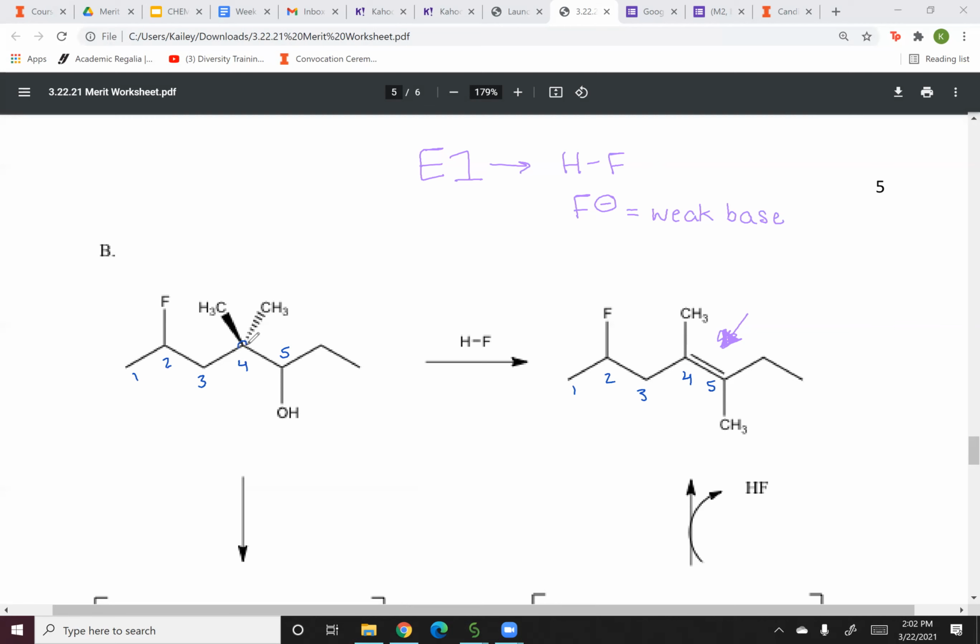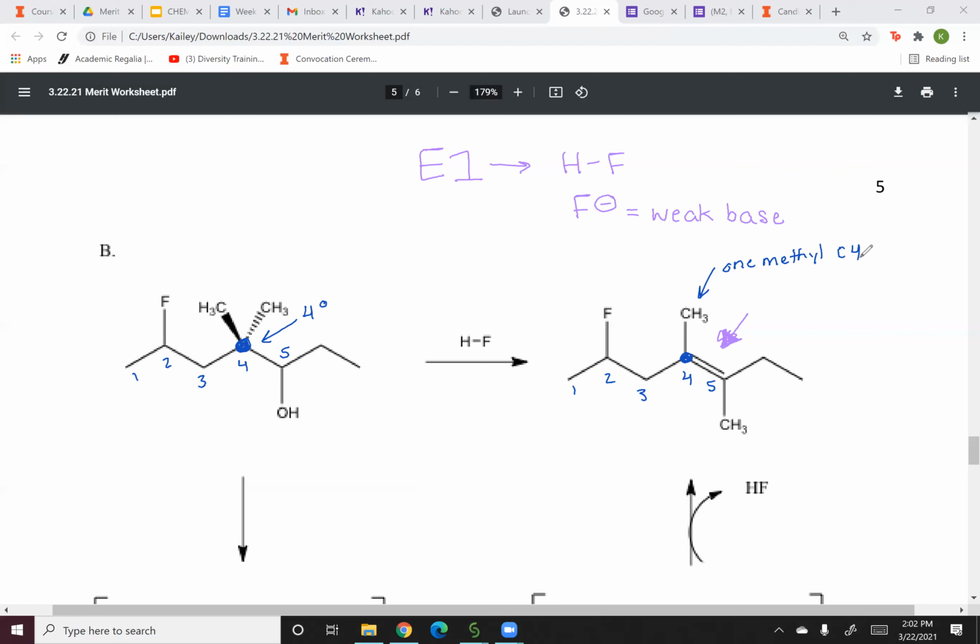If we look at our starting material, this is a quaternary carbon. It has 2 methyl groups bound to it. So carbon 4 in the starting material has 2 methyl groups. But in the product, there's only 1 methyl group bound to carbon 4.